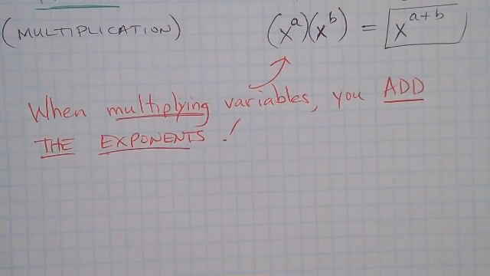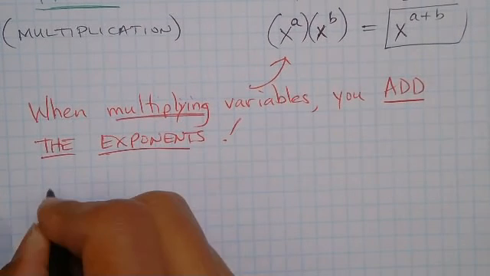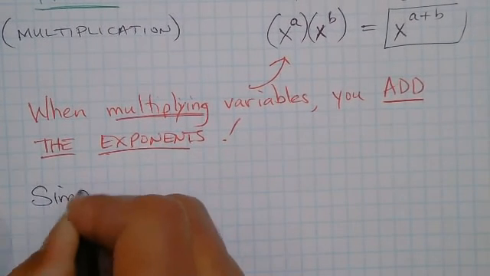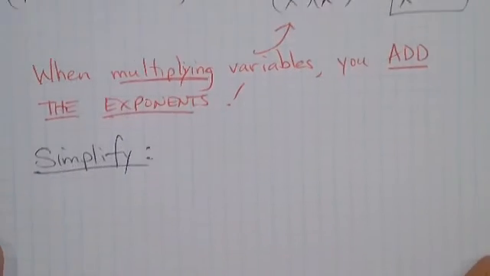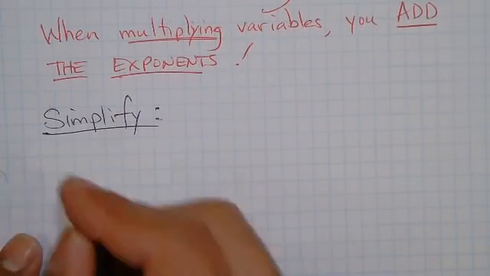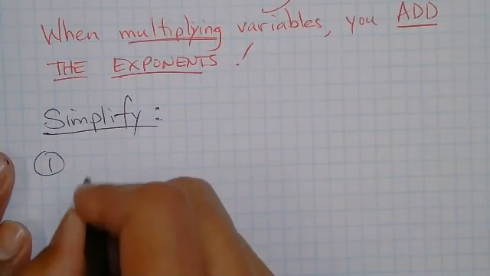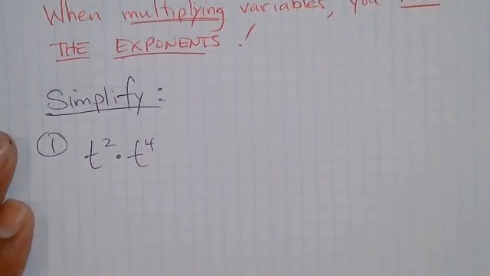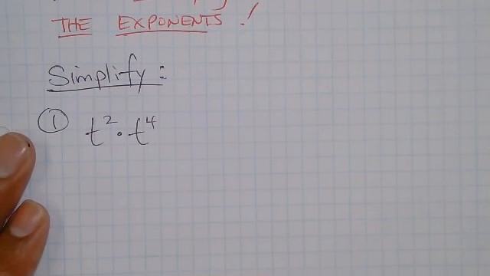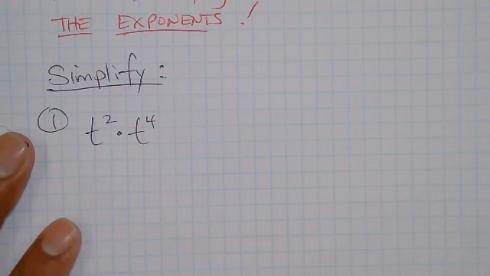Okay, sometimes it says evaluate. Sometimes it says find the product. Sometimes it says multiply. I don't know why here in Delta Math it says simplify. So I'm just going to write simplify because that's what it's going to say in Delta Math. Okay, going quick. Number 1, what would you do with T^2 times T^4? T^8?